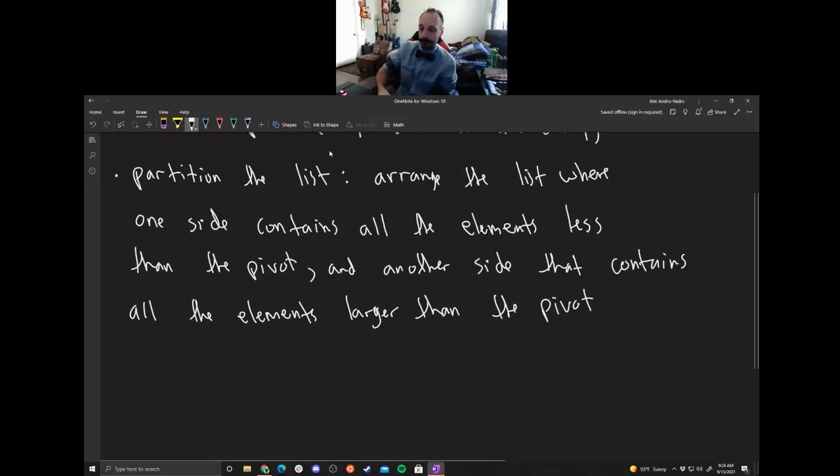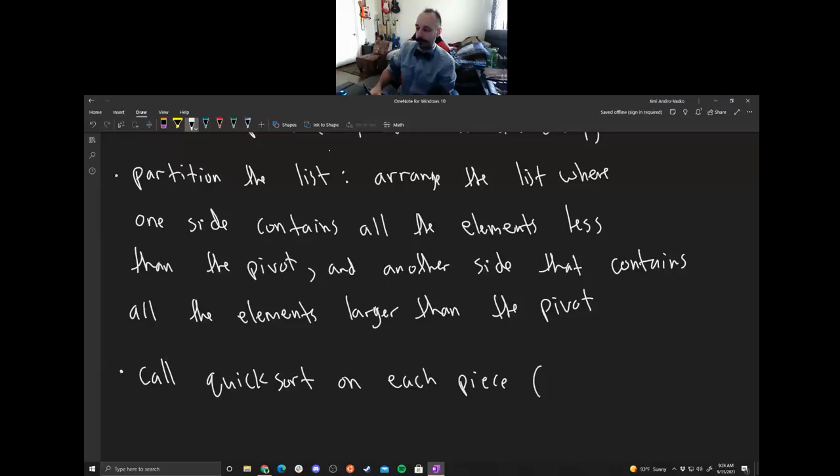So then, you guessed it, we have to call quicksort on each piece recursively. Then, once again, magically, it will sort those two lists. And once that happens, we have one big list because everything less than the pivot gets sorted, then the pivot, and everything larger than the pivot is also sorted. So we'll have one sorted list.